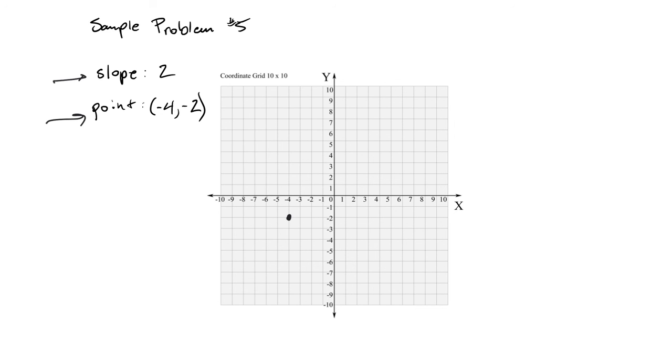So that means I'm going to go up 2 over 1. Remember, slope is rise over run. We write it like this. That means I go up 2 units for every 1. There you go. Much better line on that one. And there's my graph.